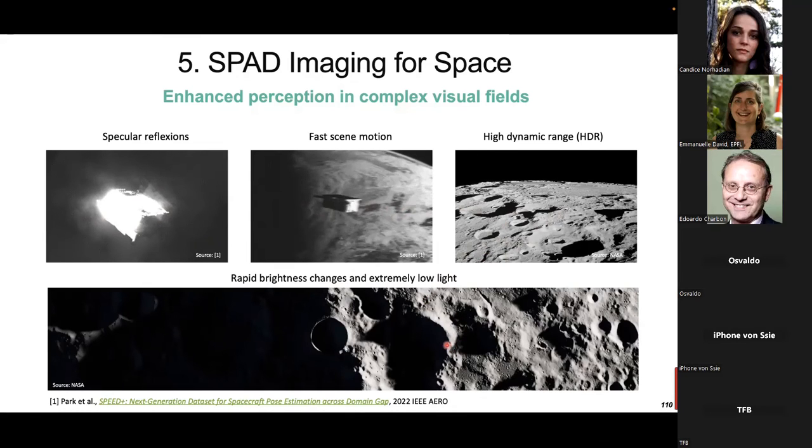So you want to get very large speeds and at the same time very large dynamic range. These two properties are usually difficult to achieve simultaneously, but with our detectors you can, by virtue of the fact that you have very, very fast SPADs, and essentially you can detect single photons.